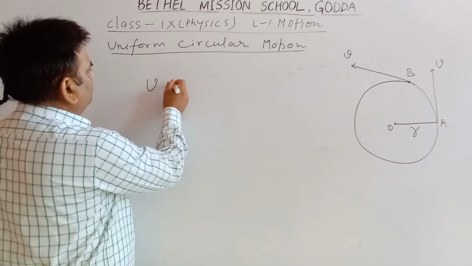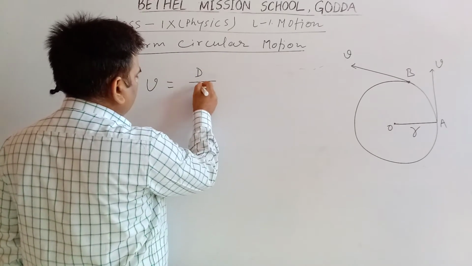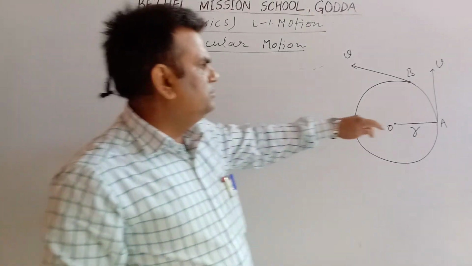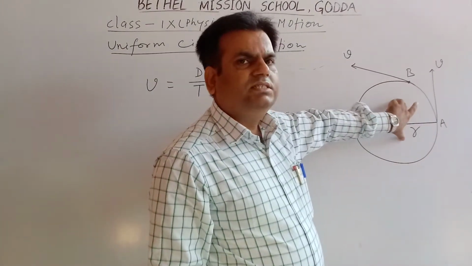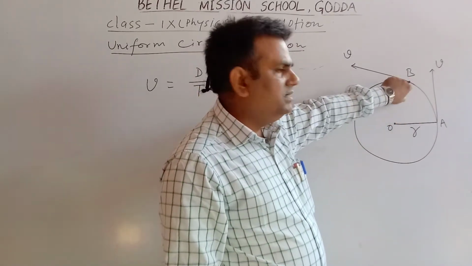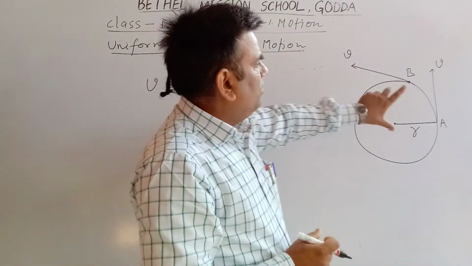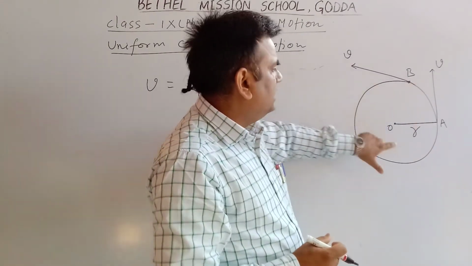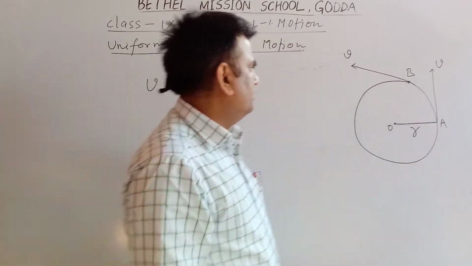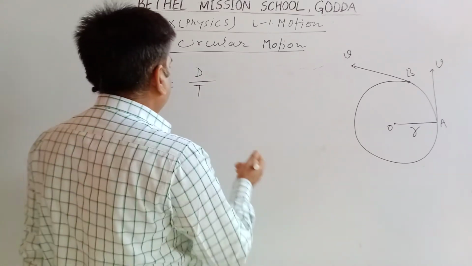Velocity v equals distance upon time. So when the object moves on a circular path, what is the distance? The path is not linear, it is a curvilinear path. So for distance we will measure the circumference of the circle, because the path is circular.